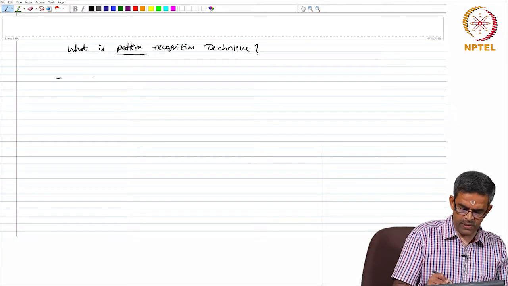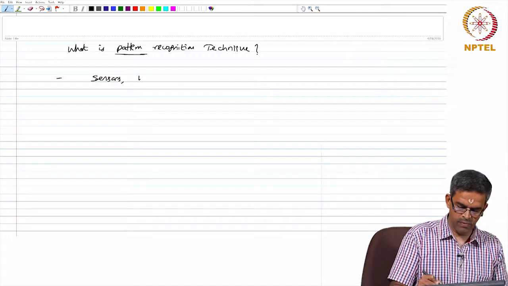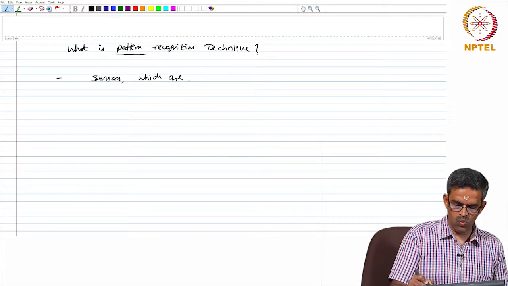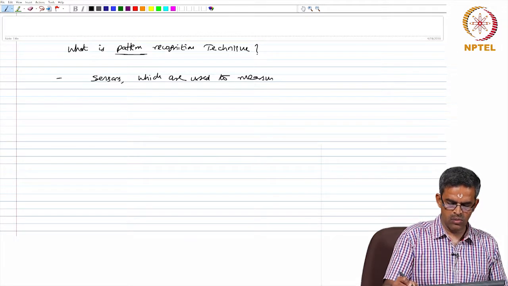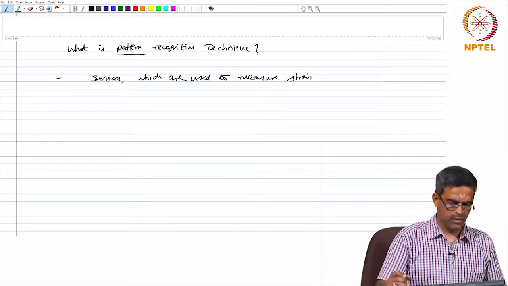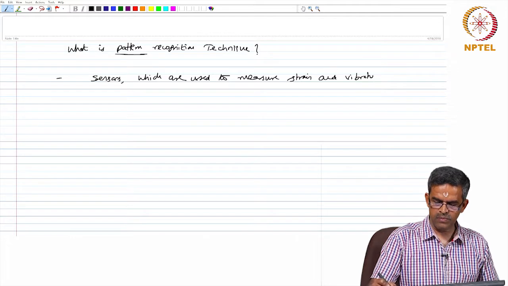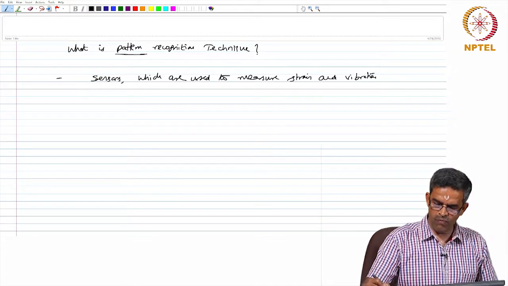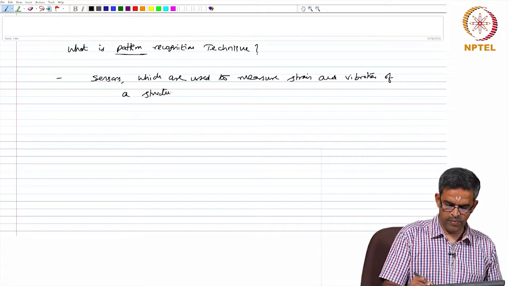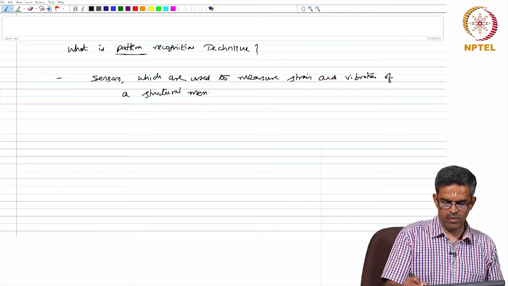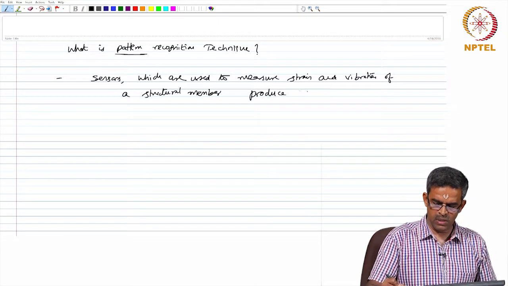So, the basis is sensors which are used to measure strain and vibrations of a structural member and produce signals.